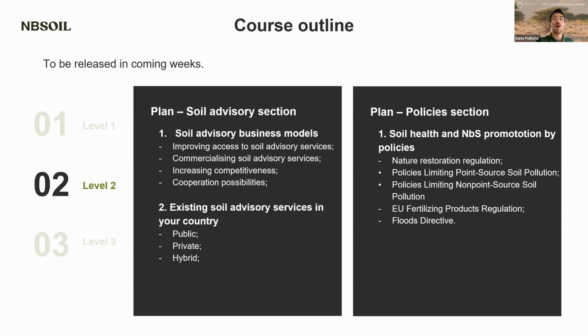And finally, analyze the structure and content of the national restoration plans that member states are currently drafting. They have time until, if I'm not wrong, the 1st of September 2026. So next year will be a very crucial period for member states to draft their restoration plans.